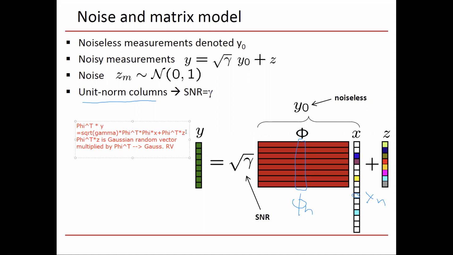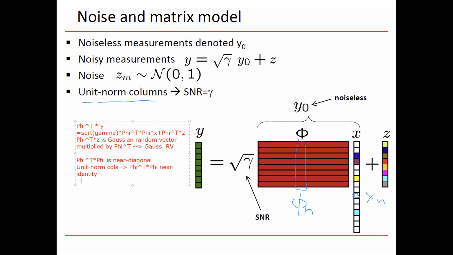Now, what about square root of gamma times phi transpose times phi times x? So recall, phi transpose times phi is near diagonal. We had that discussion when we were looking at CoSaMP. And indeed, because we have unit norm columns, phi transpose times phi is near the identity matrix, because along the diagonal we'll have ones, because these are unit norm columns.